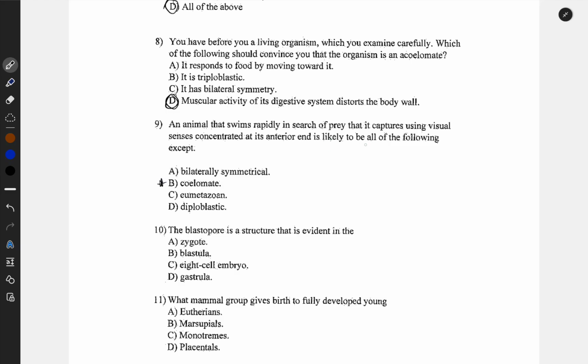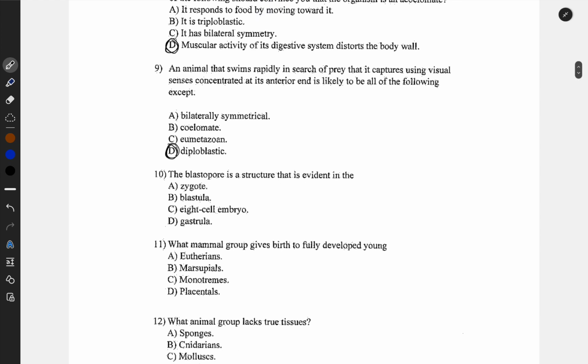It is likely to be all of the following except, yes, it is eumetazoan. Yes, it has bilateral symmetry, because all these other guys are eumetazoan except for the sponges. Now, diploblastic is wrong. Diploblastic is for things that have radial symmetry, and these things do not hunt for prey. So this is your answer, D. Okay, D is out.